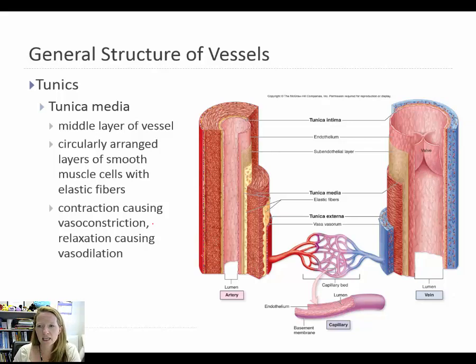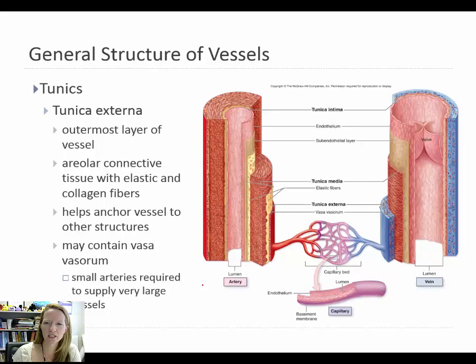Now let's take a look at the external one, the outermost one, the tunica externa. The tunica externa is going to be alveolar connective tissue, a little less elastic fiber here, more collagen fibers, and what this tunic does is it helps anchor the vessels to other structures.